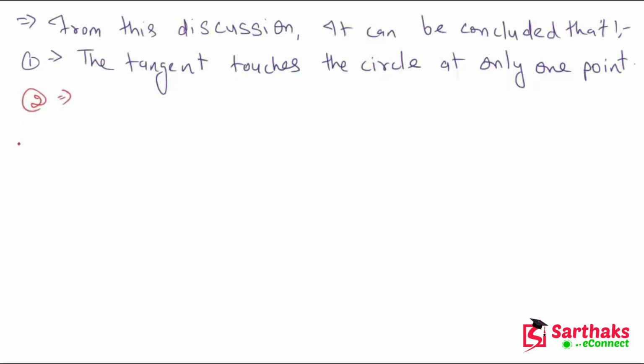Second, we can call the line containing the radius through the point of contact the normal to the circle at the point.